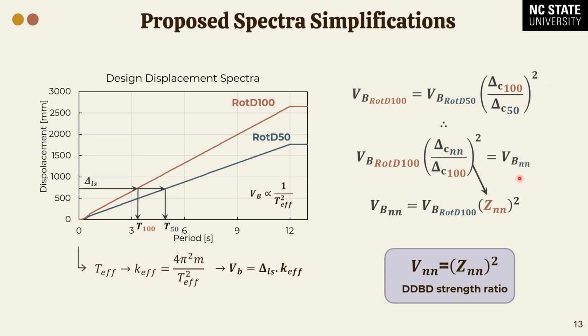Moving this around so that our base shear of rho DNN is on the dependent variable side, we can see that the ratio of rho DNN to the maximum squared becomes our DDBD strength ratio. So we can find any base shear value of rho DNN by knowing or having found our rho D100 base shear and multiplying that by the square of our ZNN conversion factor, and we have named this square of ZNN as VNN, or the DDBD strength ratio.